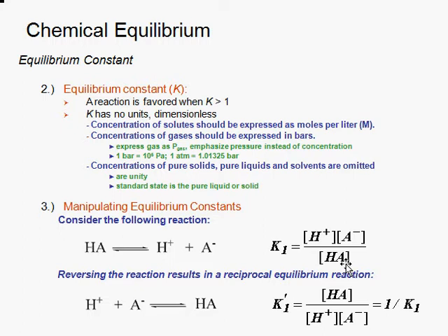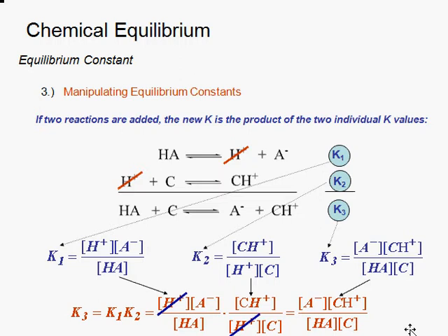Reversing the reaction results in the reciprocal of the equilibrium constant. So we can state that K dash is equal to 1 upon K1. Let's see one more. If two reactions are added, then the new K is the product of the two individual K. Here you can see HA gives H plus and A minus, or reversing it.